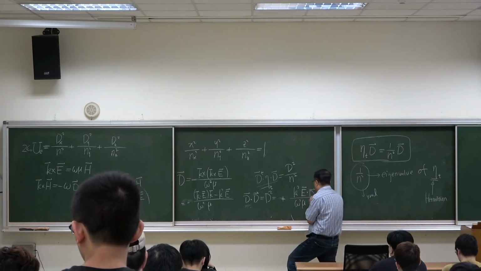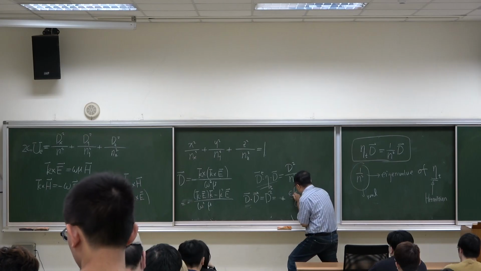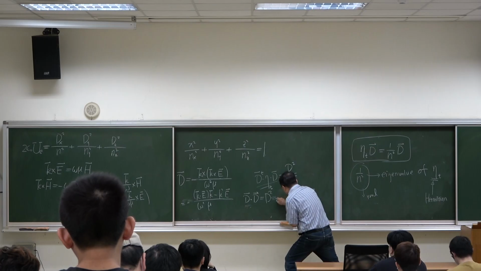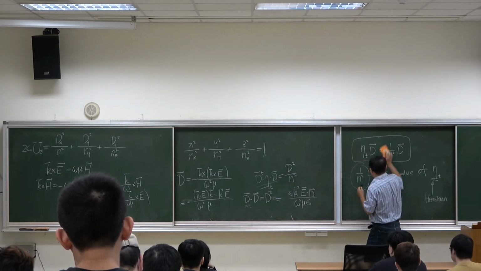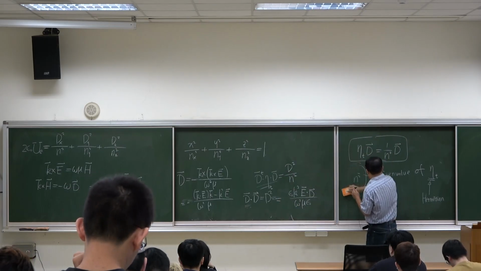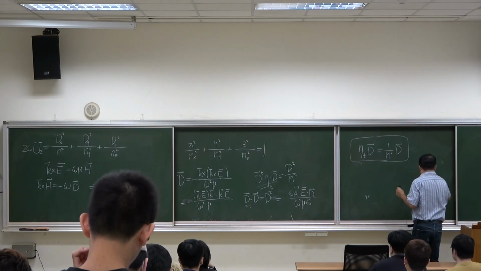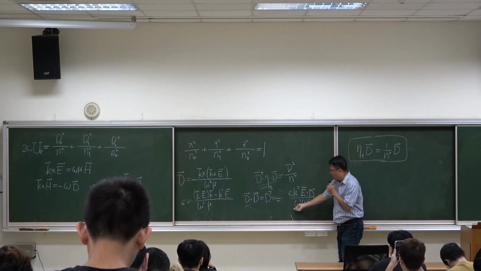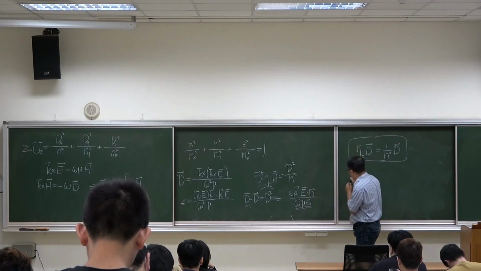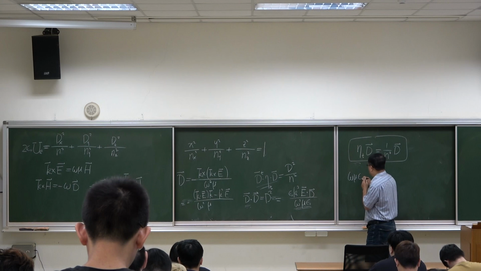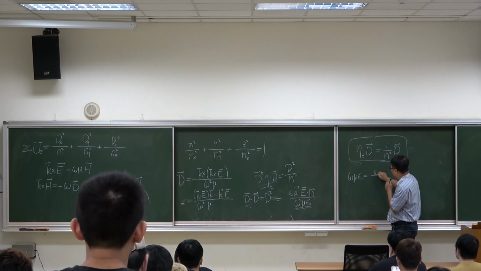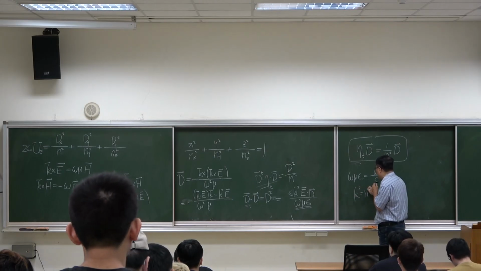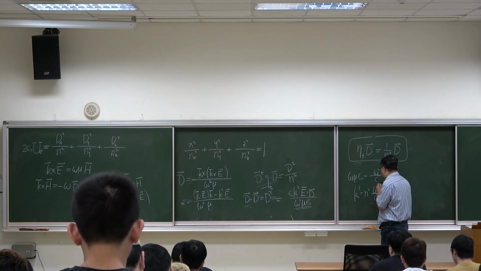So if I multiply it by epsilon 0, and remember that omega squared mu epsilon 0 is equal to omega squared over c squared. And the k squared is equal to n squared omega squared over c squared.